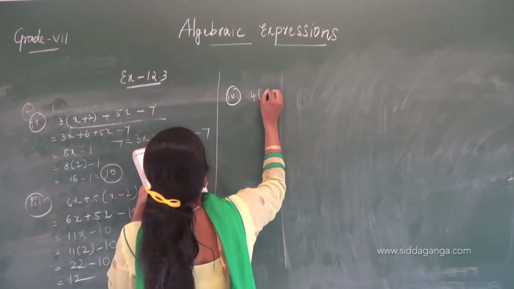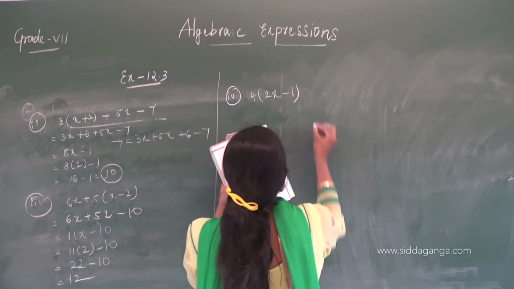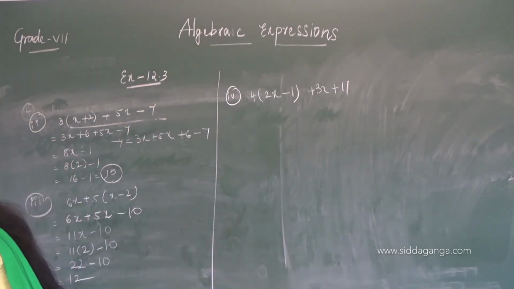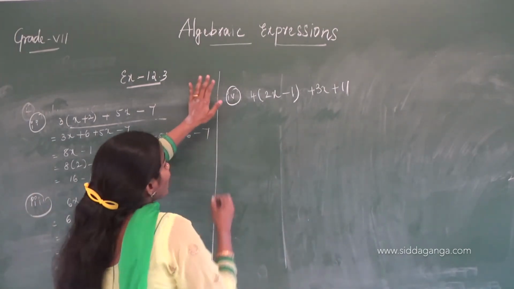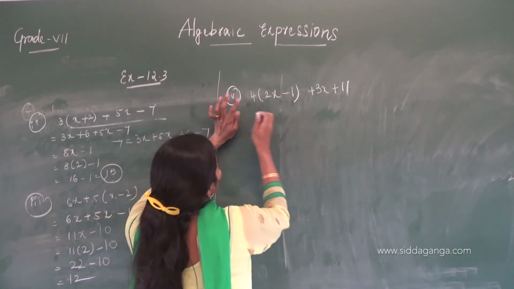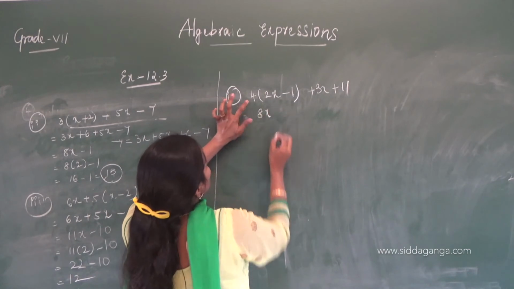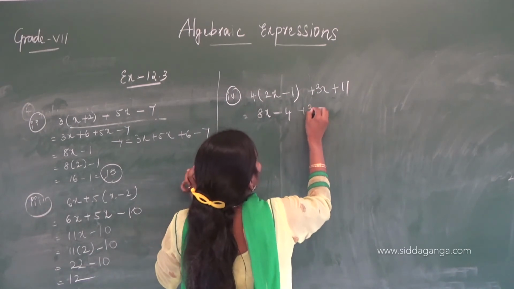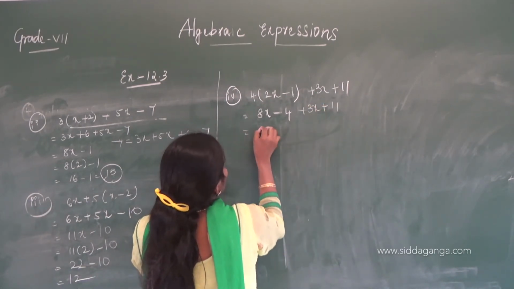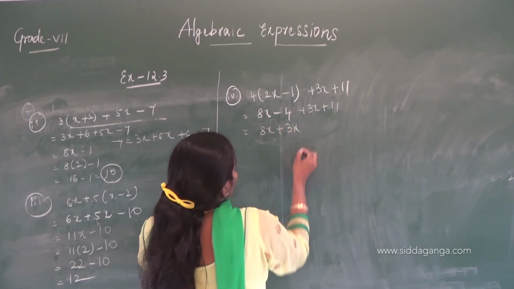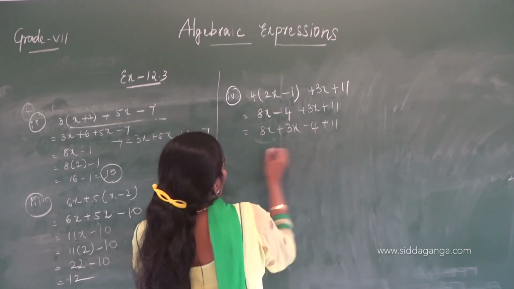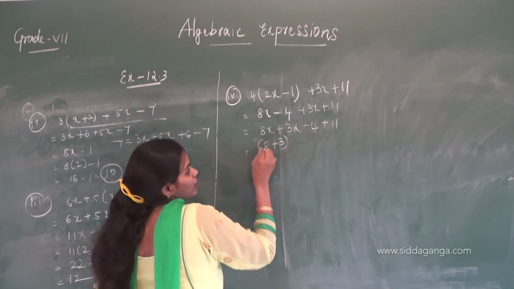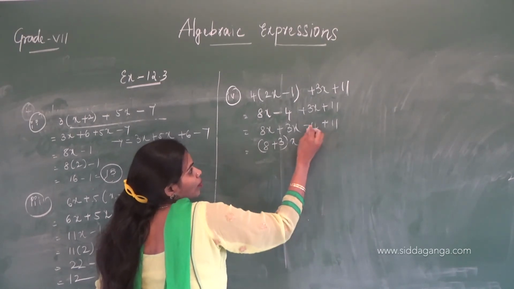4 into 2x minus 1 plus 3x plus 11. Here what they have given? 4 into 2x minus 1. What is that? 8x, 4 into minus 1, minus 4, plus 3x plus 11. 8x plus 3x minus 4 plus 11. 8 plus 3 into x, minus 4 plus 11.